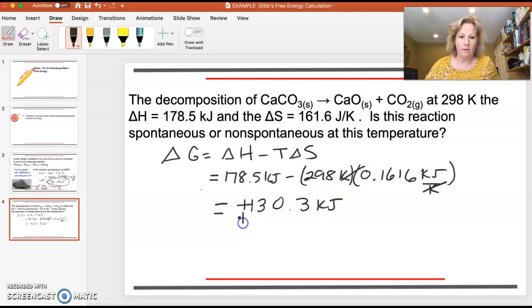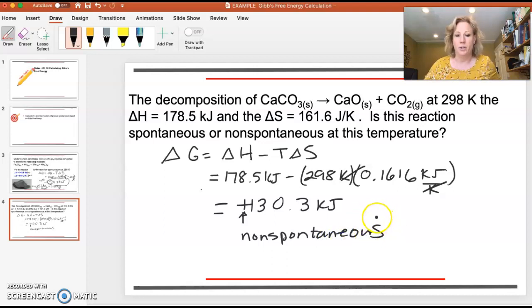You don't have to write the positive sign, but the positive is telling us that it's going to be non-spontaneous. This reaction won't happen at this particular temperature. If the temperature were high enough, this term would become more negative, and then the reaction could be spontaneous.